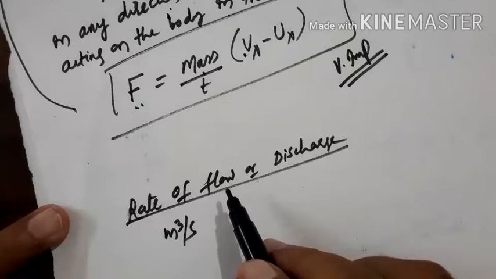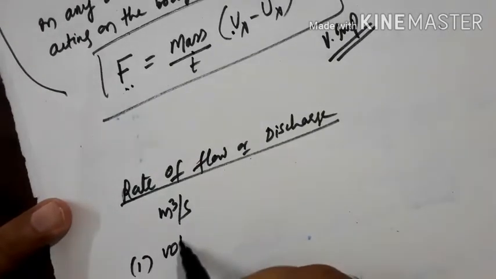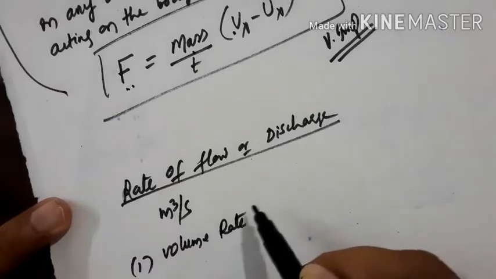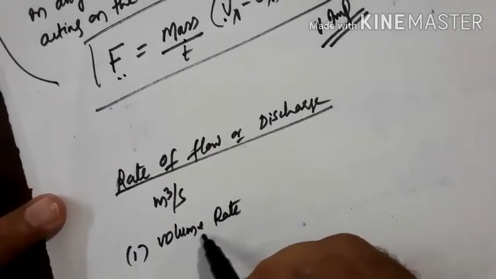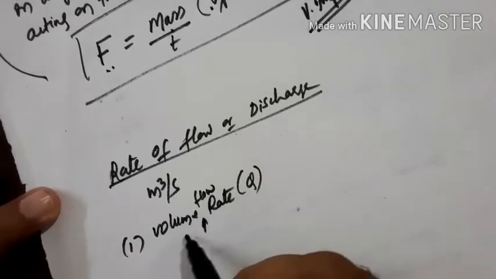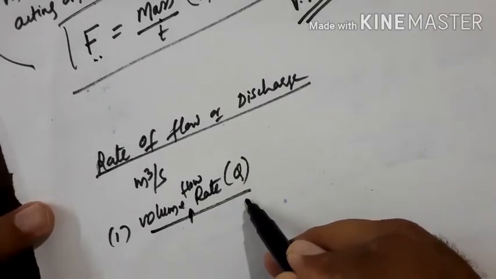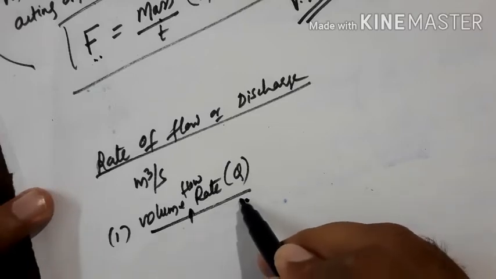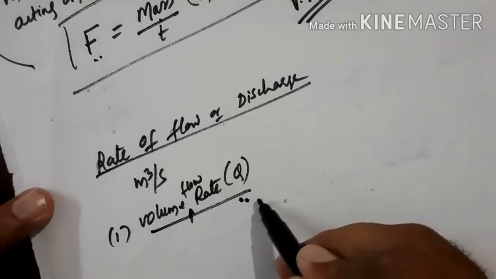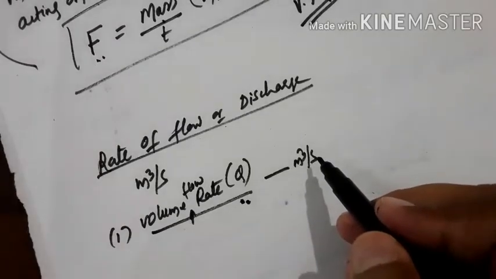This rate of flow is also written as volume flow rate, Q. It is the volume of fluid flowing across the section in unit time, with unit meter cube per second, or it can be measured in cumecs.